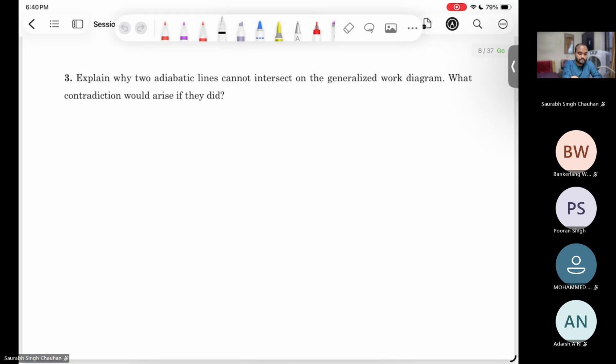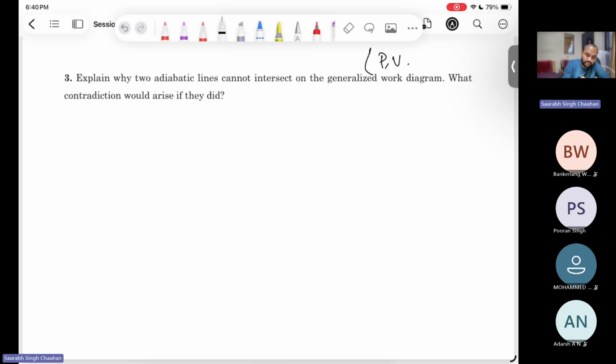Okay. Now coming to the next question, it says why two adiabatic lines cannot intersect on the generalized work diagram. You just neglect this term generalized work diagram just to not get confused. Let us say a PV diagram.